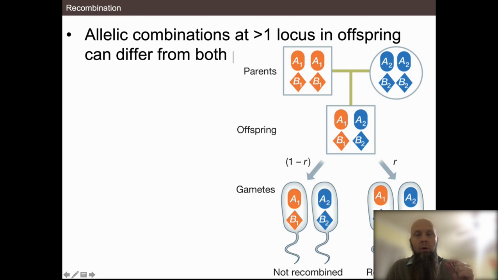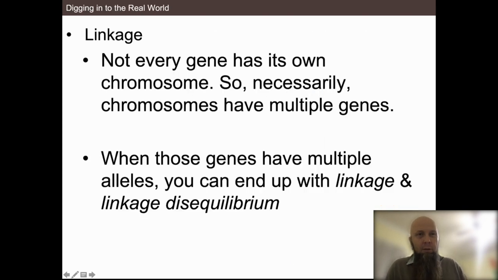And so if there are different genes on a single chromosome, and each of those genes has multiple alleles, just like these two genes each have two different alleles, those alleles of different genes might be physically connected to one another. They might be linked to one another. And so this is what we call linkage, all right?